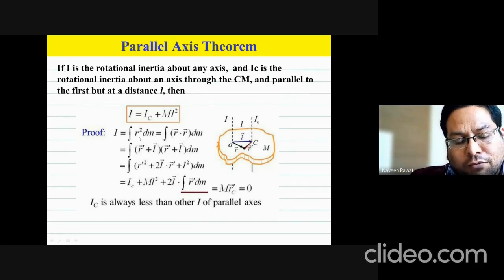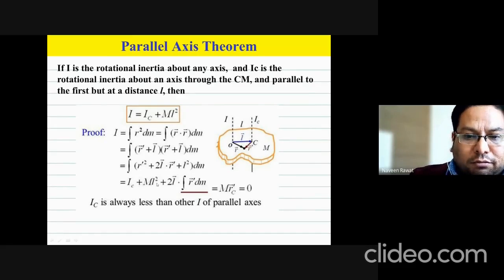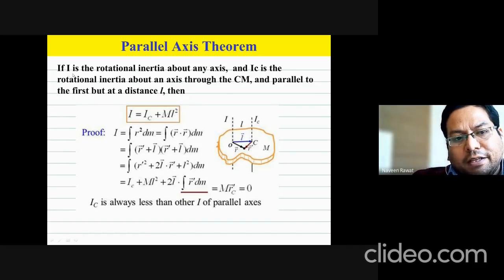You can quickly follow it here, that I we know is integral of r square dm, and if you decompose r in terms of the vectors and write it as r plus l for the situation where you're now calculating the position with respect to O, you get that I will be IC plus ML square. We can word the parallel axis theorem much better by saying that if I is the rotation inertia about any axis and IC is the rotation inertia about an axis through the center of mass and parallel to the first one, but it is at a distance L, then this is the relationship of the parallel axis theorem.